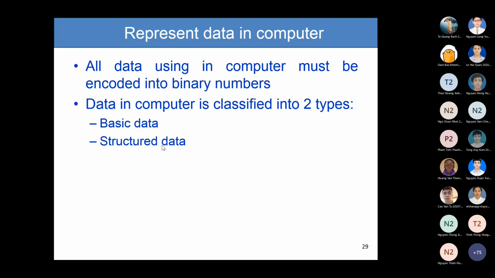Okay, so in the next part we will talk about how to represent data in a computer. For example, when you take a picture of yourself or of some flower, something outside, using your smartphone, the picture is stored in your smartphone, and then you can share the picture or send it to someone else.